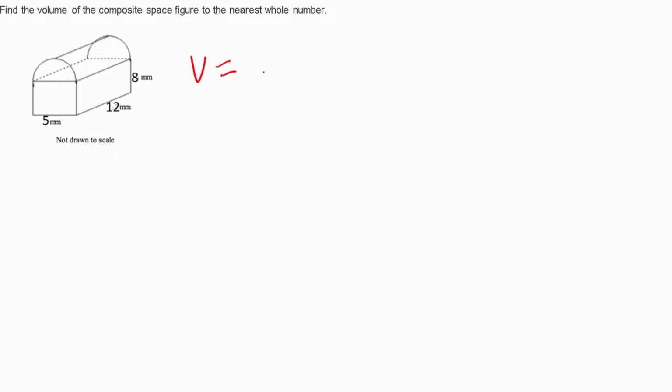First formula is going to be length times width times height, and that's for my rectangular prism. My top formula is going to be pi r squared h, which is my top here. But we need to divide this top all by 2 because it's half of it. And then we're going to add these two together once we find them.